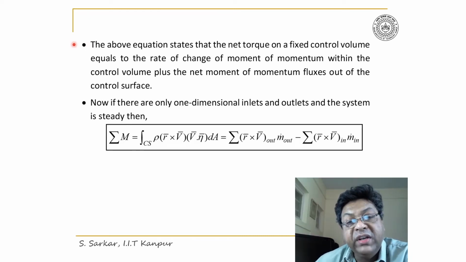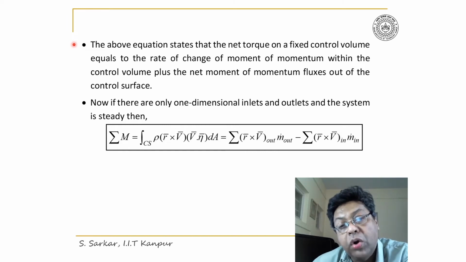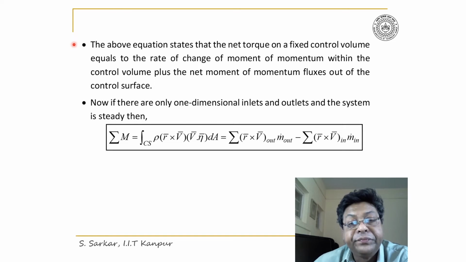The above equation states that the torque on a fixed control volume is equal to the rate of change of momentum within the control volume plus the net momentum flux out of the control volume.